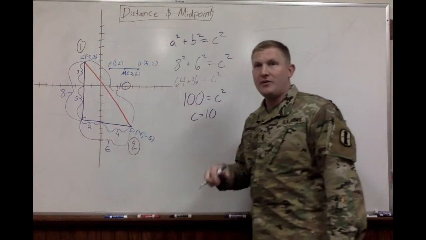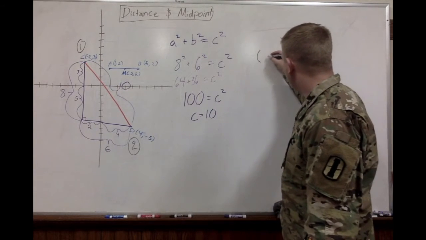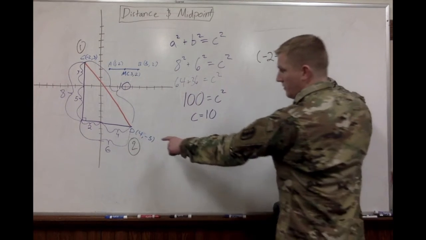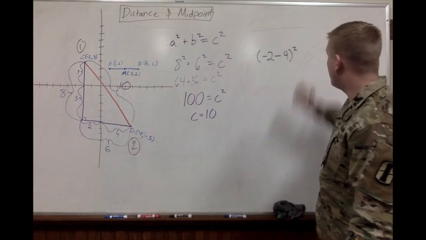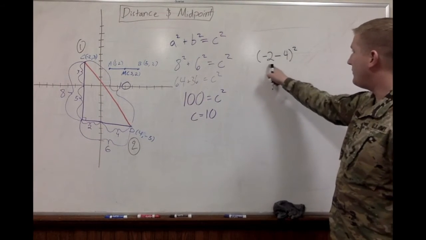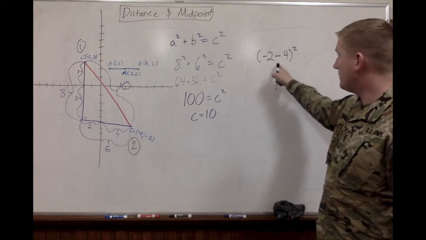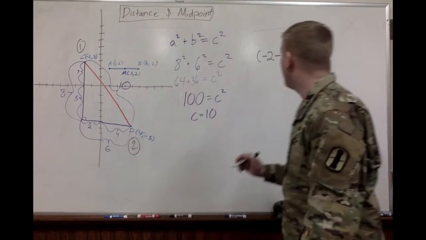What we're going to do is take the difference of the x's. So we're going to take -2 minus, and then the x coordinate for the second point is 4, quantity squared. And this is essentially going to get us one of our legs, specifically this bottom leg down here, right?